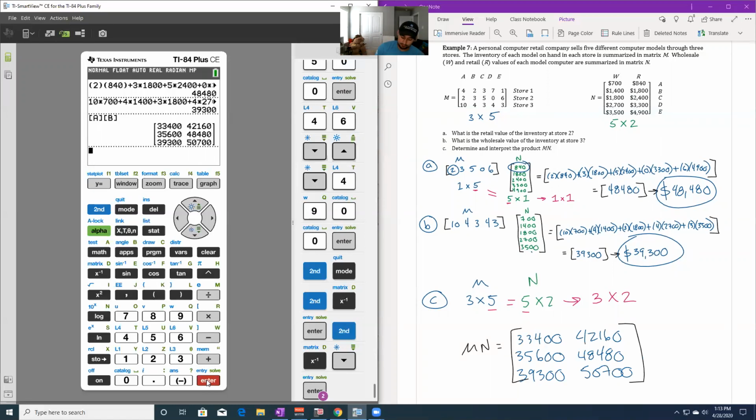So it says interpret. Well, if matrix M is the inventory and matrix N is the wholesale and retail values, then matrix M times N gives you the wholesale value at each store and the retail value at each store. So matrix M times N is the wholesale and retail values at each store.